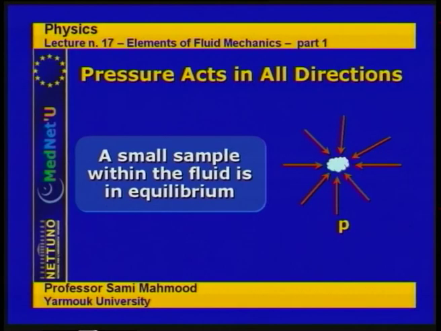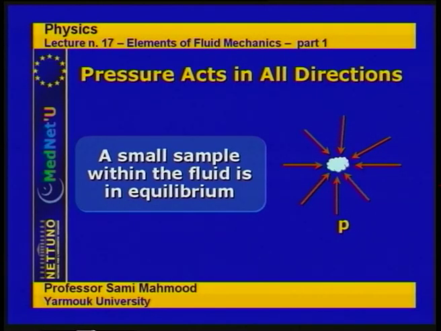We have to remember that the pressure acts in all directions inside the fluid.